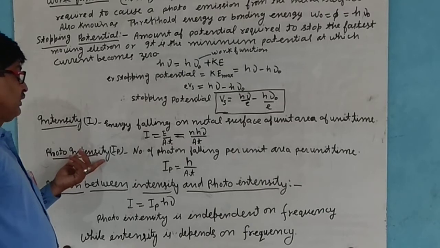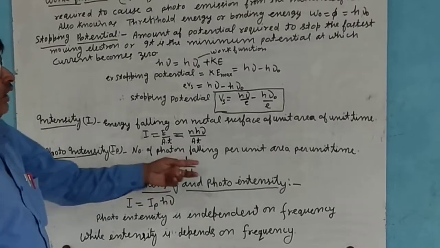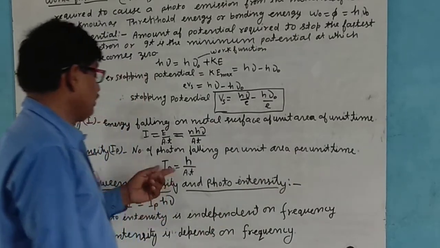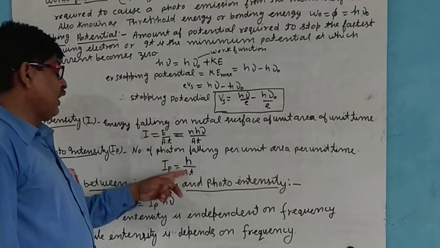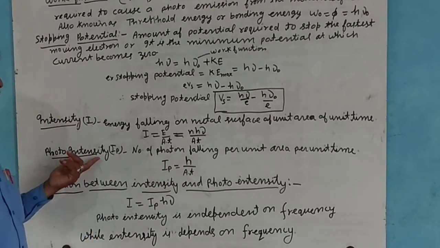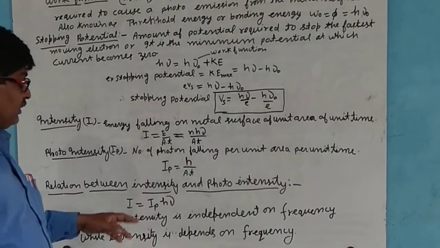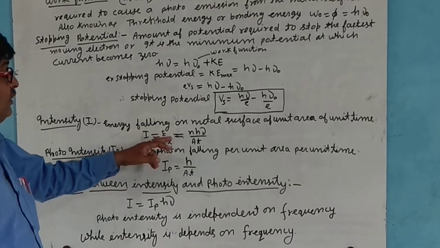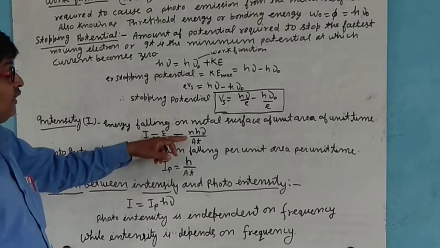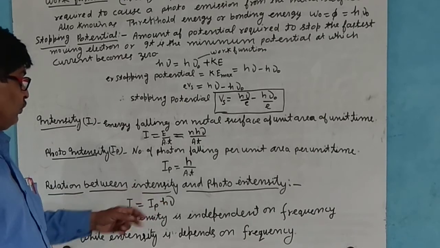Now photon intensity, denoted by Ip, is the number of photons falling per unit area per unit time. This is known as photon intensity. The relation between intensity and photon intensity is I equal to Ip times h nu.